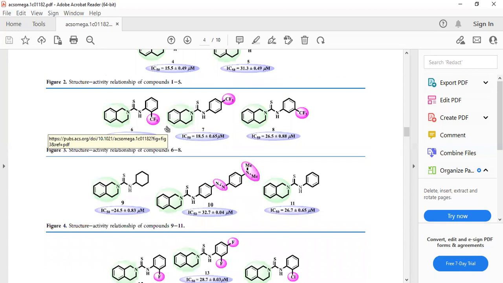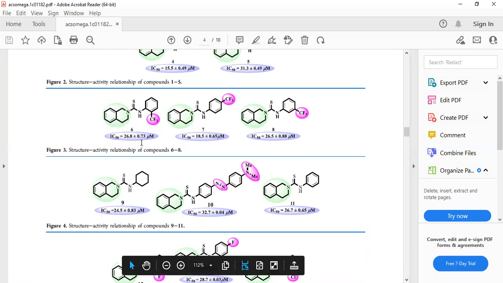So let's check one of them. As we see, the trifluoromethyl group, methyl substituted acetylcholines, are ortho substituted, para substituted, and meta substituted trifluoromethyl groups.